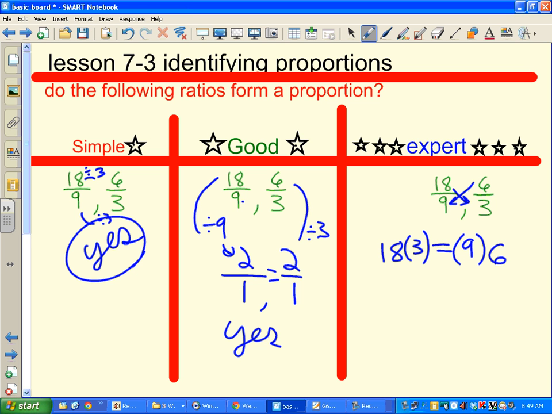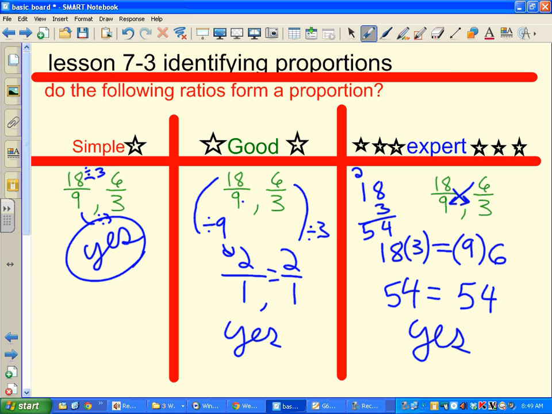And I do 18 times 3, which I don't really know off the top of my head, but I'll do it real quick. 3 times 8 is 24. 3 times 1 is 3, plus the 2 is 5, so I get 54 on this side. And 9 times 6, I know off the top of my head, is 54. So yes, they are equivalent.